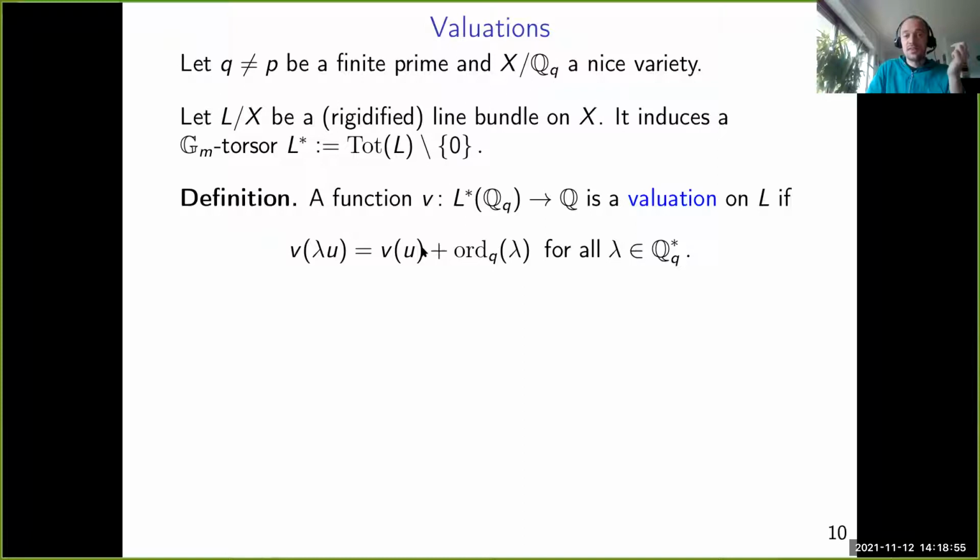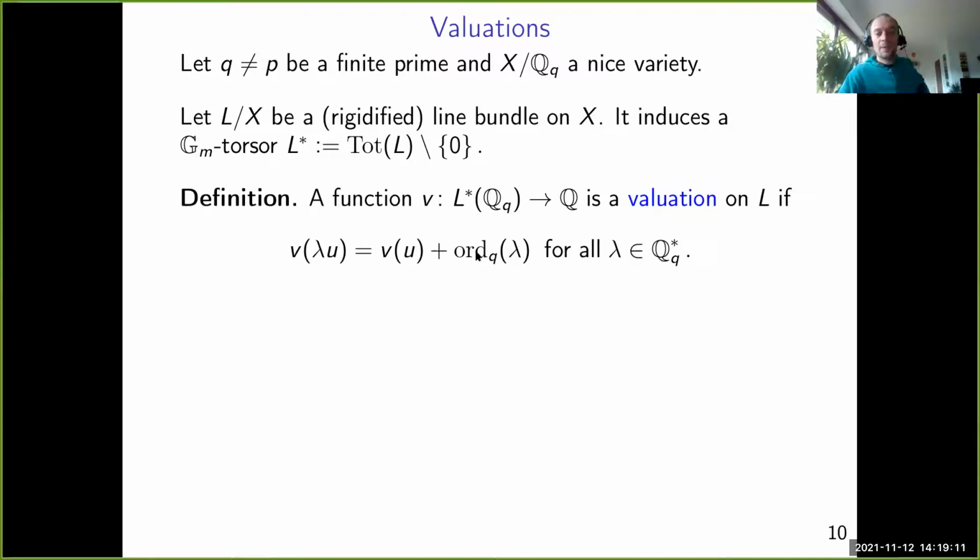So U is going to live in some fiber, and then I can scale U by some lambda using the GM action, and then V of lambda of U is supposed to be V of U up to the valuation of lambda.